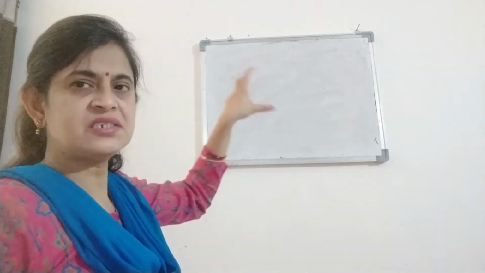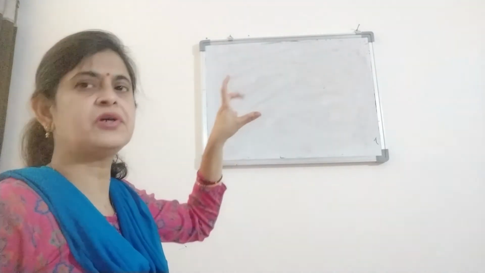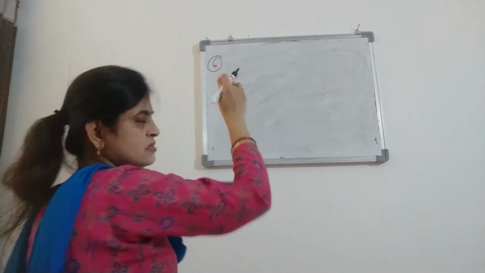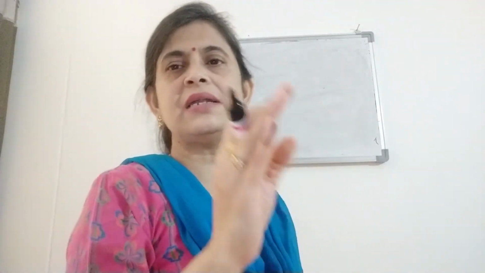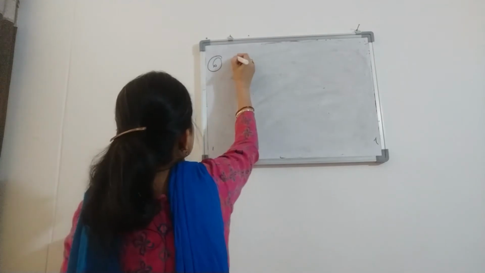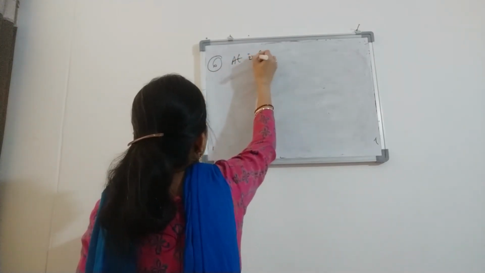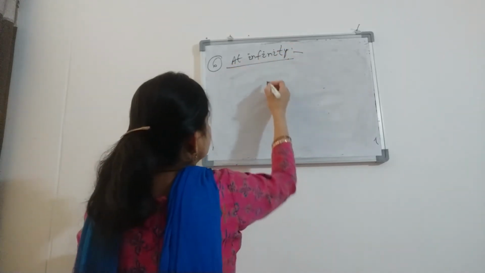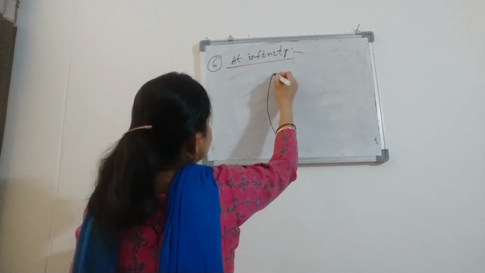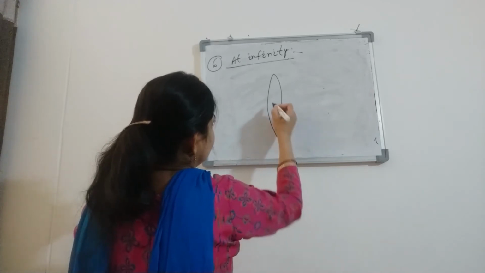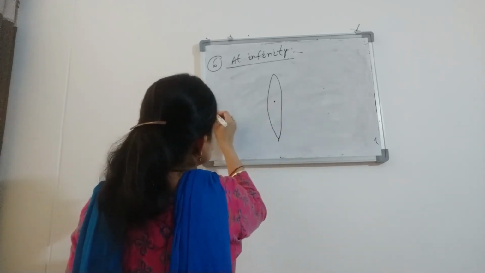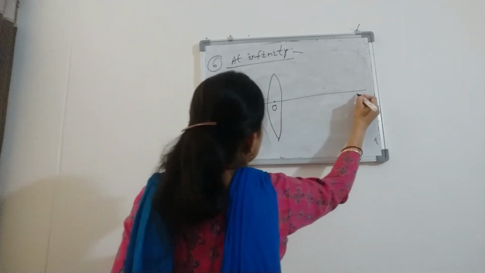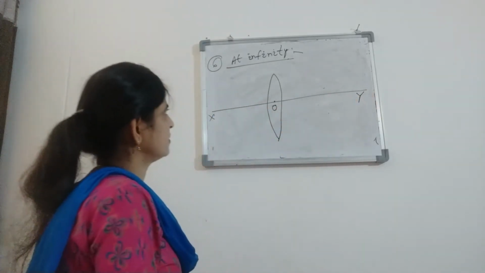Now this is the last position of the object for your convex lens. Means if the object is placed at infinity. So draw the convex lens. O is the optical center and XY is the principal axis.